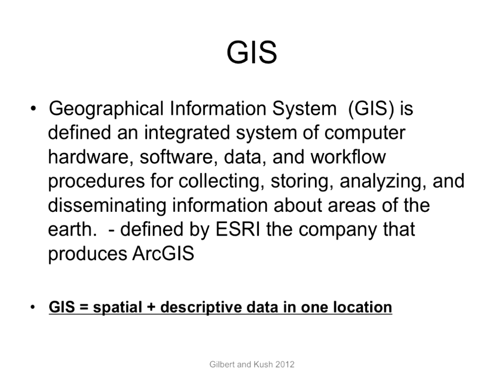The formal definition from Esri is that a Geographical Information System is an integrated system of computer hardware, software, data, and workflow procedures for collecting, storing, analyzing, and disseminating information. What I want you to take away from this is not the full formal definition, but that GIS gives you the ability to put spatial and descriptive data, like stand names or acreages, in one location where you can then store it and share it.